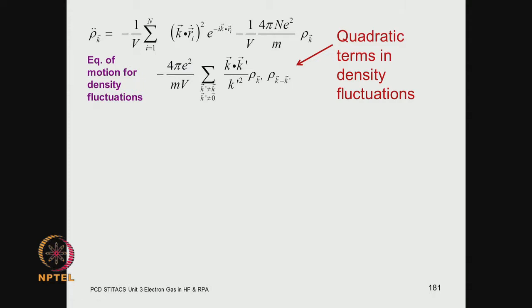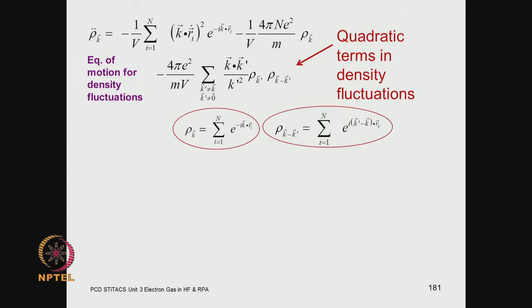Now, these quadratic terms in the density fluctuations, let us write these Fourier components explicitly, and you have got these cosine and sine functions. These are basically sinusoidal functions. So this is a superposition of all these cosine and sine functions.